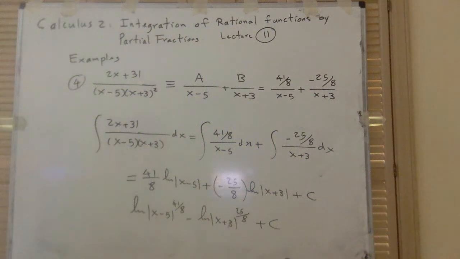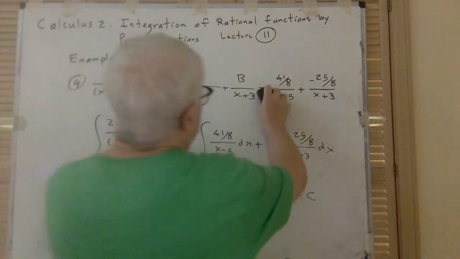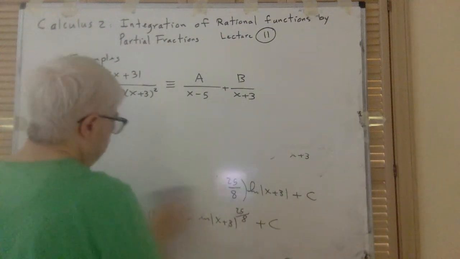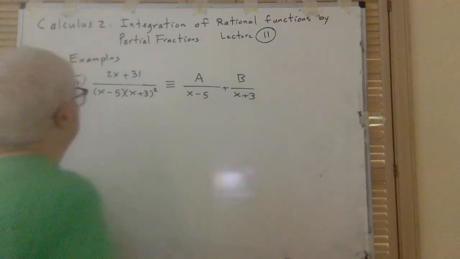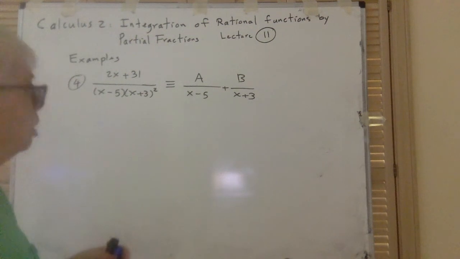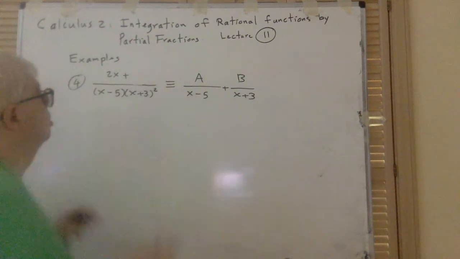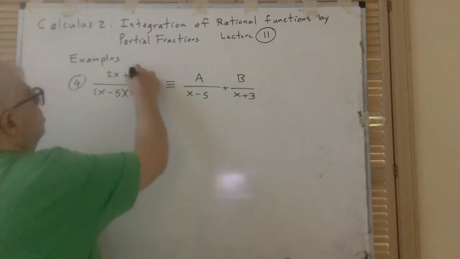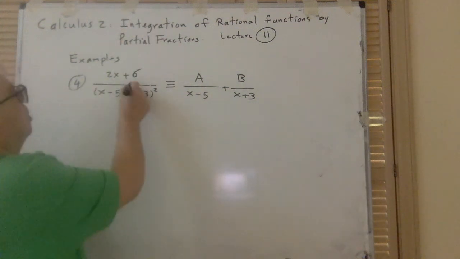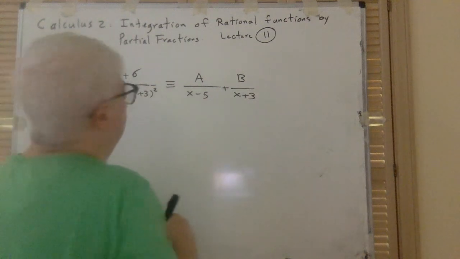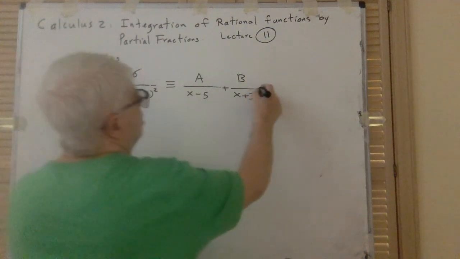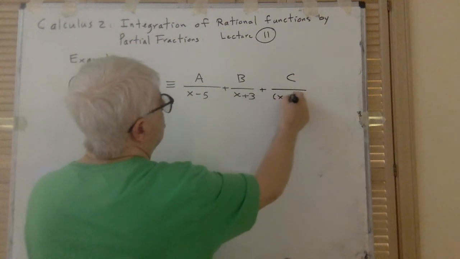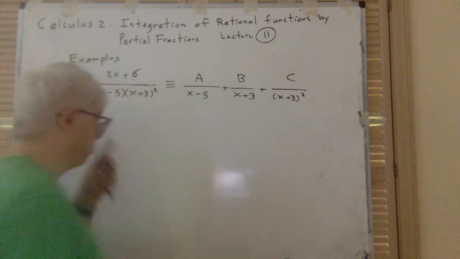So I have A, B, and let's change that 31 to a nice, smaller number. So let's write a 6. What else should I add? C over x plus 3 squared. Okay?